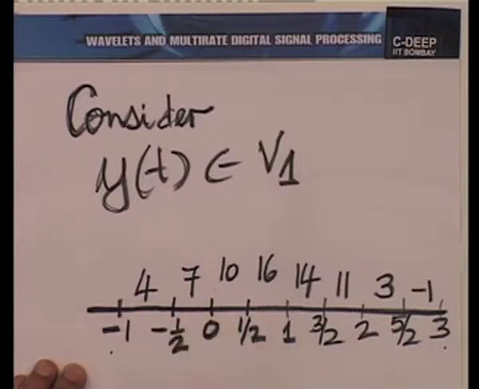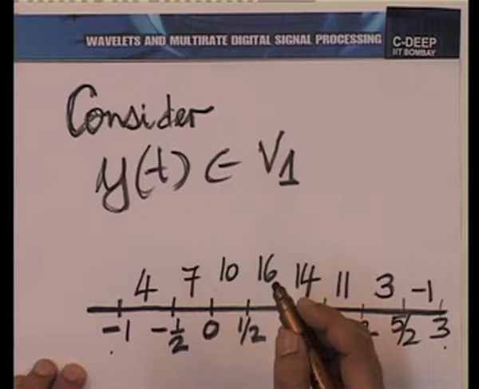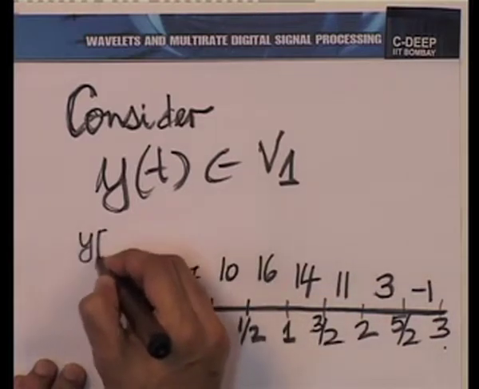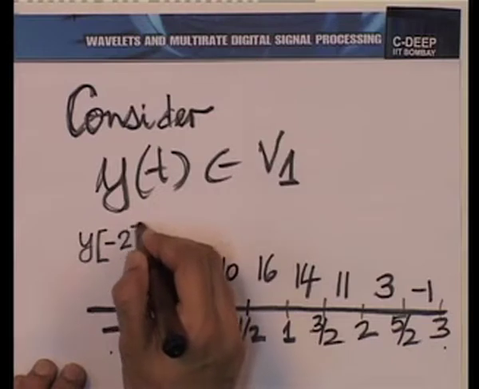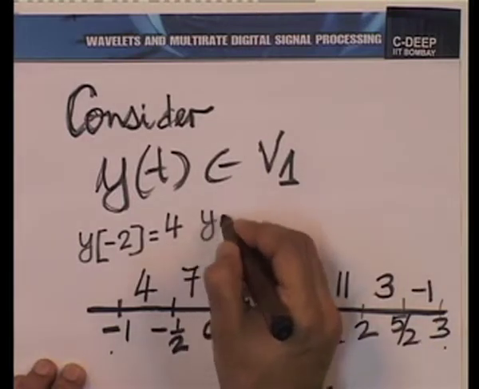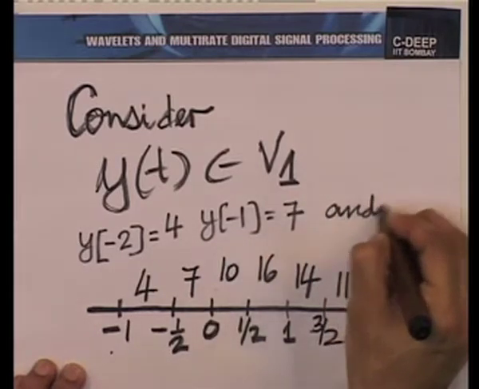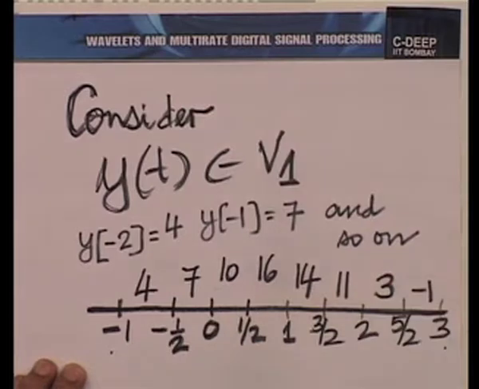So, in fact, the sequence as we understand it is here. For example, the sequence corresponding to this would have y(-2) equal to 4, y(-1) equal to 7 and so on. y(0) is equal to 10, y(1) is equal to 16 and so on and so forth. And of course, the sequence could be used in constructing the function from the basis.